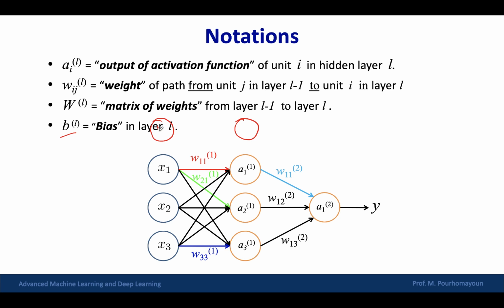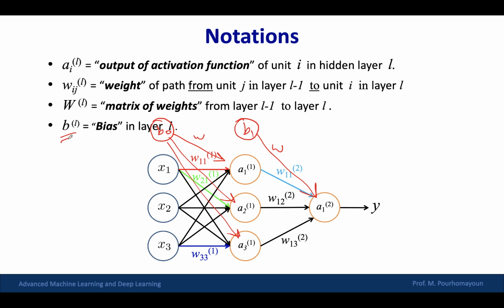So for example, I call it B0, and it goes to all of these neurons, and there is a weight for each one of these paths. And here for this layer, again, we have another bias, for example B1, okay, that goes to this guy, and it has a weight too.